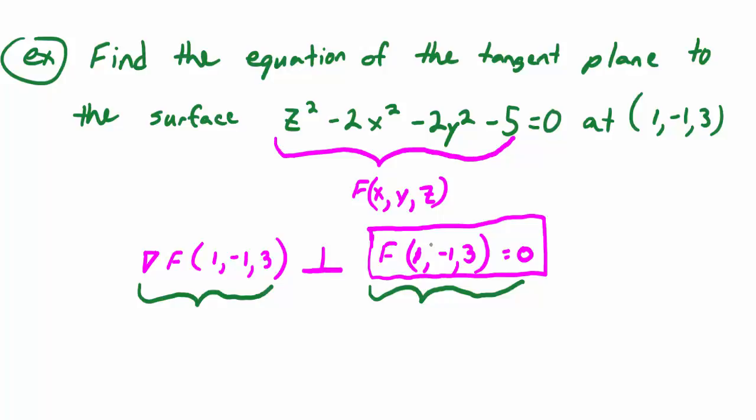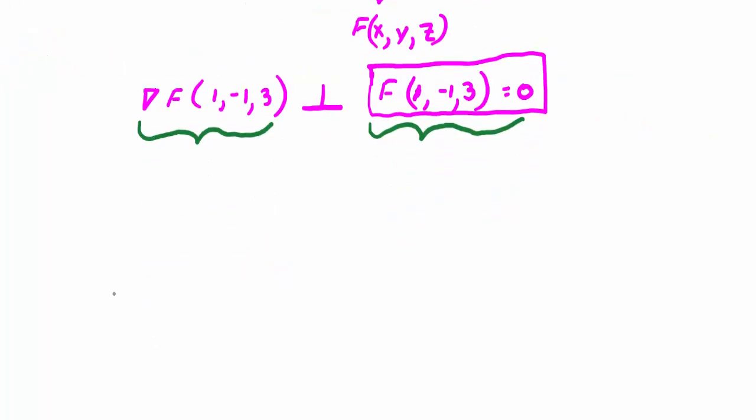Okay? Well, remember what you need to find the equation of a plane. You need a perpendicular vector and a point on the plane. The point on the plane will be the point of tangency. So we're going back basically to the chapter 12 formula for the equation of a plane.